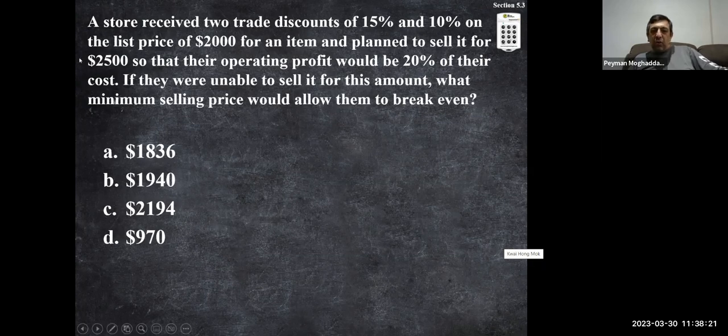But if the store sells it for 2,500, you're going to get an operating profit of 20% of the cost. Now which price do they have to sell at so that they don't have any profit? If they sell it for 2,500, you get that profit. So which price do they have to sell at so that they don't have any profit? Okay, I'll give you 5 minutes for this.